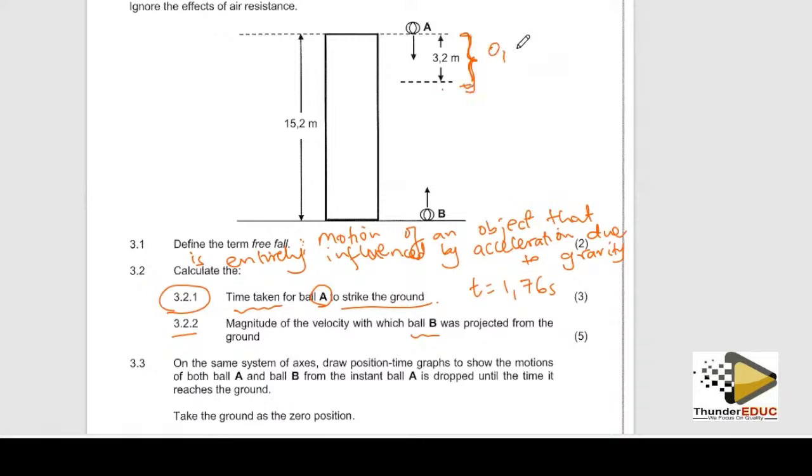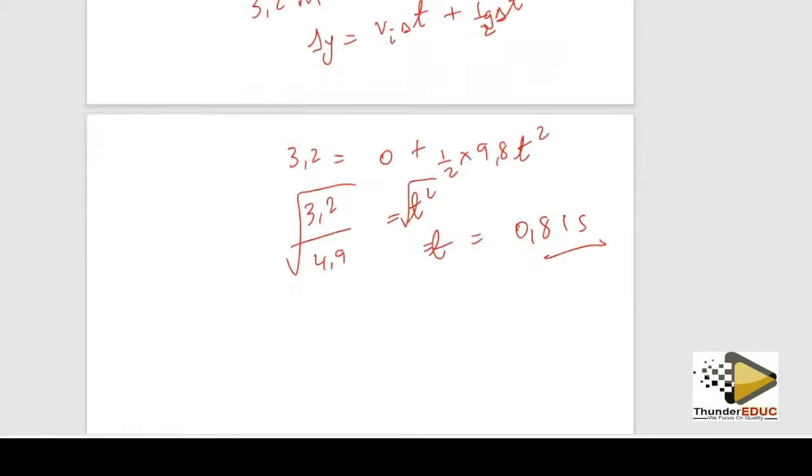Now, if that is 0.81, then how much time is left for object B? Okay, I'll say time of travel for B is going to be 1.76 minus the 0.81.